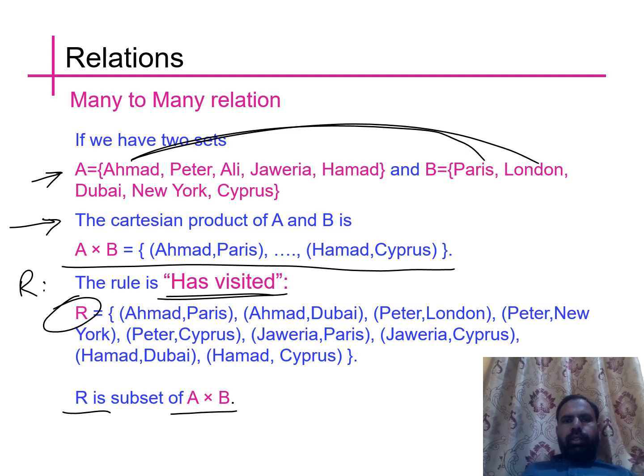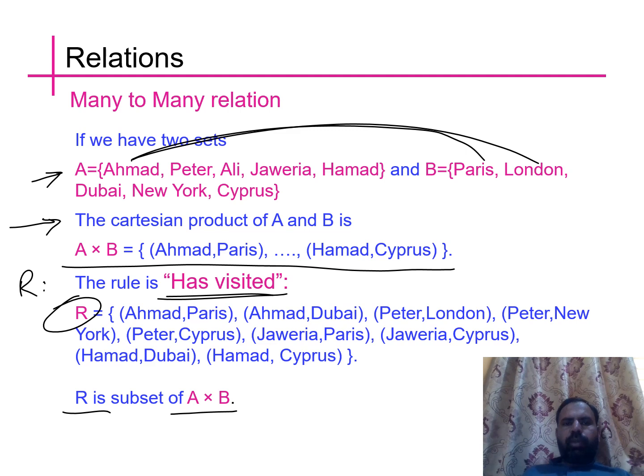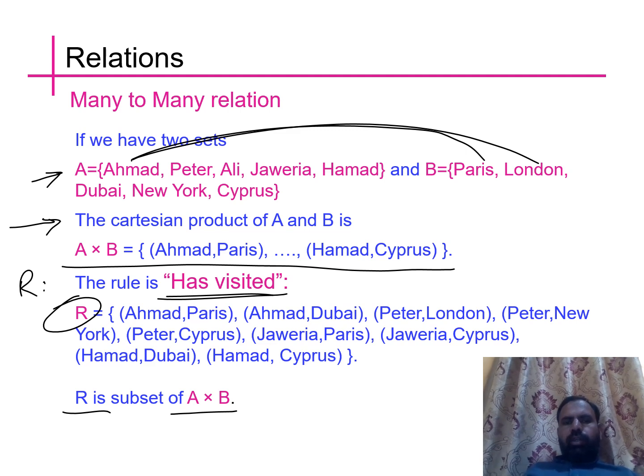Many to many relations. If we have two sets, for example, A is Ahmed, Peter, Ali, Javeria, Hamad, and B is Paris, London, Dubai, New York, Cyprus. The Cartesian product of A and B, as we have already discussed, is Ahmed with Paris, London, Dubai, New York, and Cyprus.